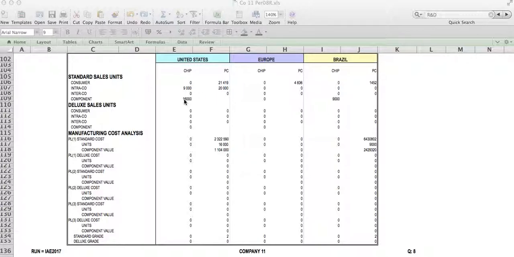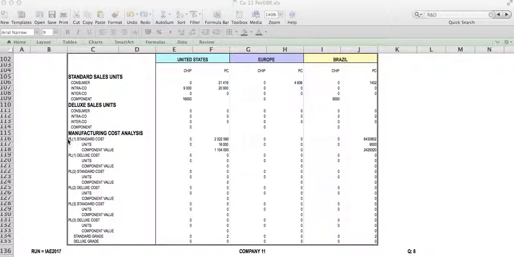Finally, they have used in the US 16,000 in the production of their own PC in the US. There are no sales regarding deluxe products.